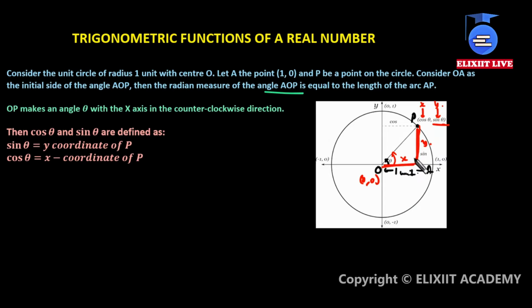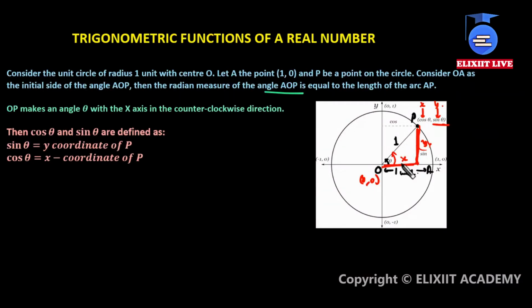So what is sine theta? Sine theta will be y by, meaning perpendicular by hypotenuse. This is your perpendicular y, and the hypotenuse is the radius, because this is a unit circle.